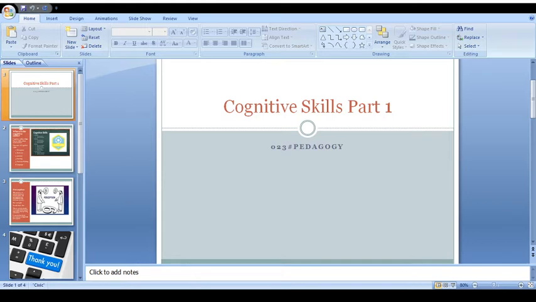So these are the built-in skills. In every individual, we need to identify and explore them: how to polish these skills, and which students have these skills. I believe that every student, every individual, has cognitive skills, or these are God-gifted skills.